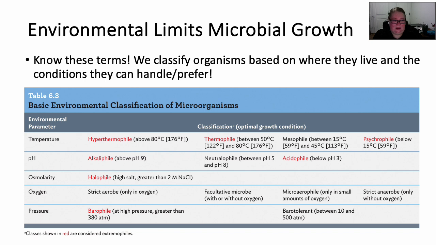Not a good place to be. There's a reason why when we fly or when we go into submersibles that they are pressurized to avoid that kind of stuff. Okay, so these are the different environmental conditions. As I said, don't know the numbers, know the names, know what they mean, but we're going to talk about these in some more detail here.